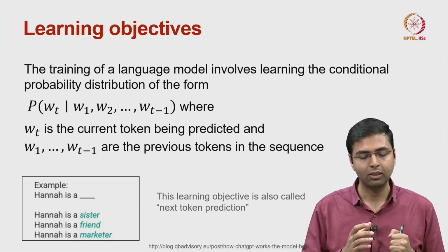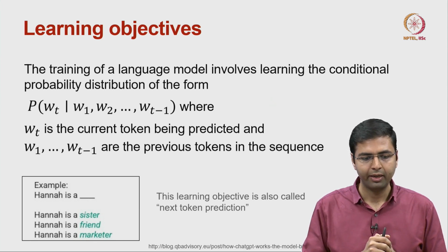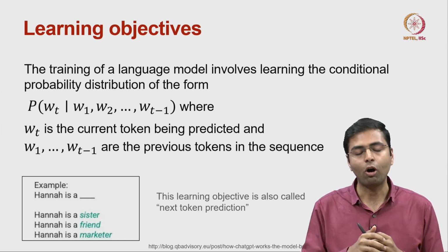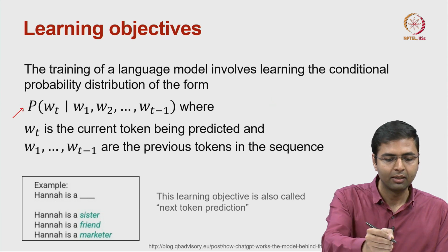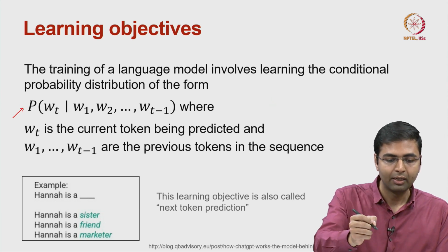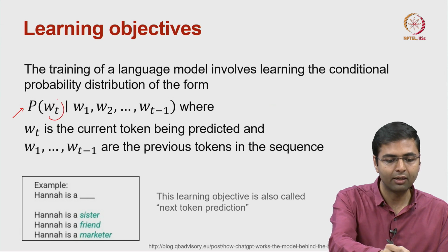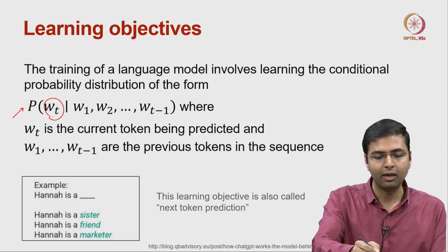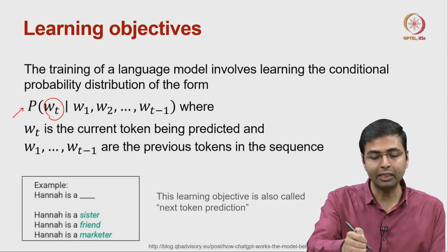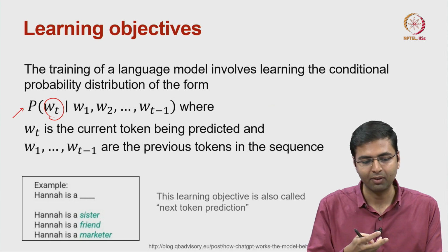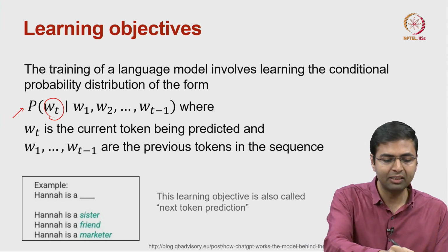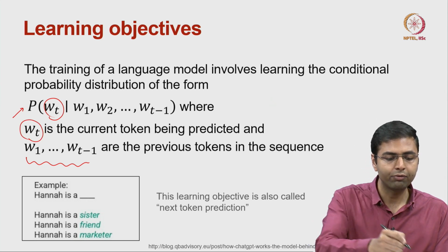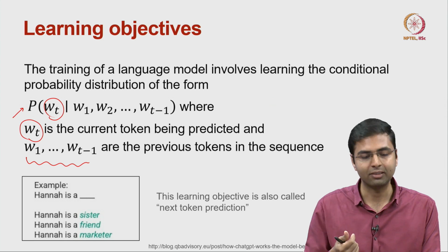One is called next token prediction, in which the training of the model involves learning the conditional probability distribution of the form probability of the tth token being Wt, given that W1, W2 and so on until Wt minus 1 are the previous t minus 1 tokens in the sequence. So this is conditional on the previous t minus 1 tokens seen in the data, and we are assigning a probability of the tth token in the current sequence.